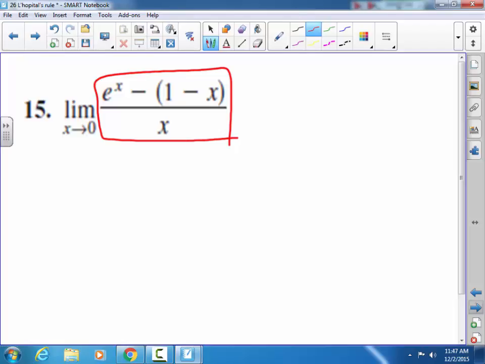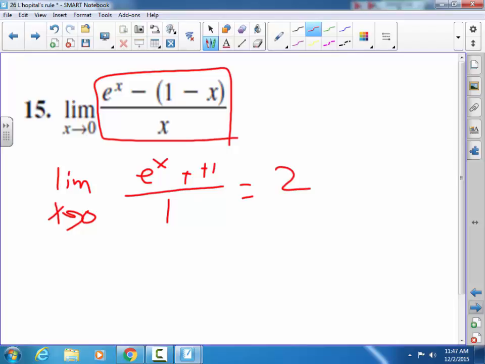But a common mistake would be to use quotient rule here. So don't use the quotient rule. Just take the derivative, e to the x minus -1 over 1. And then you're going to put in the 0, and you're going to get 2. It looks like 1 plus 1 is 2. Don't use the quotient rule there. Now, you got to use quotient rule everywhere else in life, but not here.